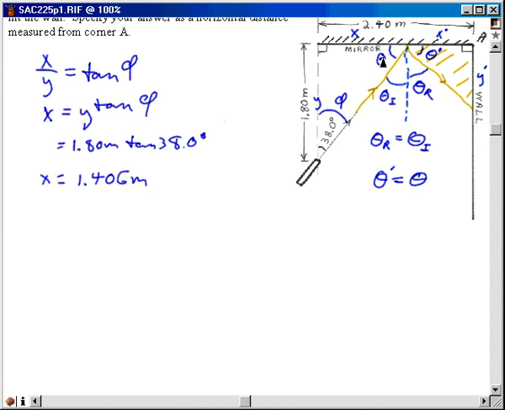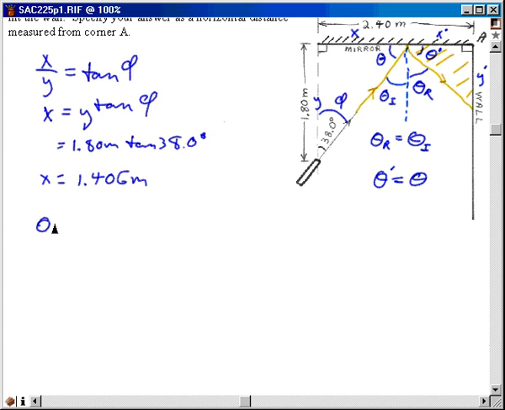Okay, now let's get theta. I think the easy way to look at theta is that the angles, aside from the 90 degree angle, the 2 angles in a right triangle have to add up to 90 degrees.